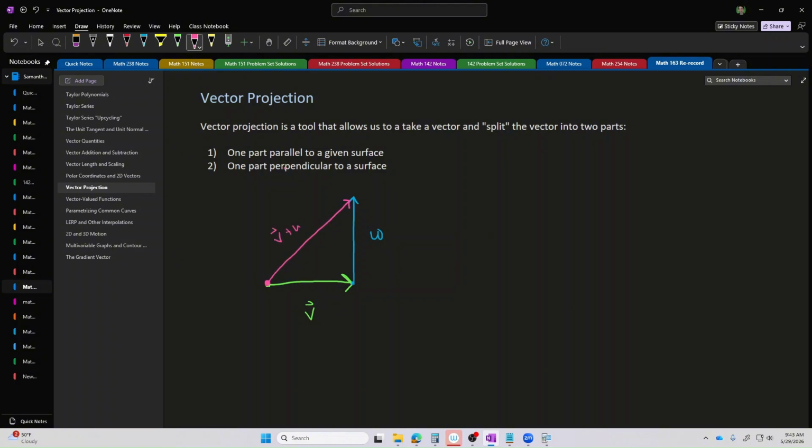This is the vector v plus w. So in this instance, we're taking a vector v that might lie parallel to some surface, and we're taking the vector w that might lie perpendicular to that surface, and we're combining those two vectors into a single result.